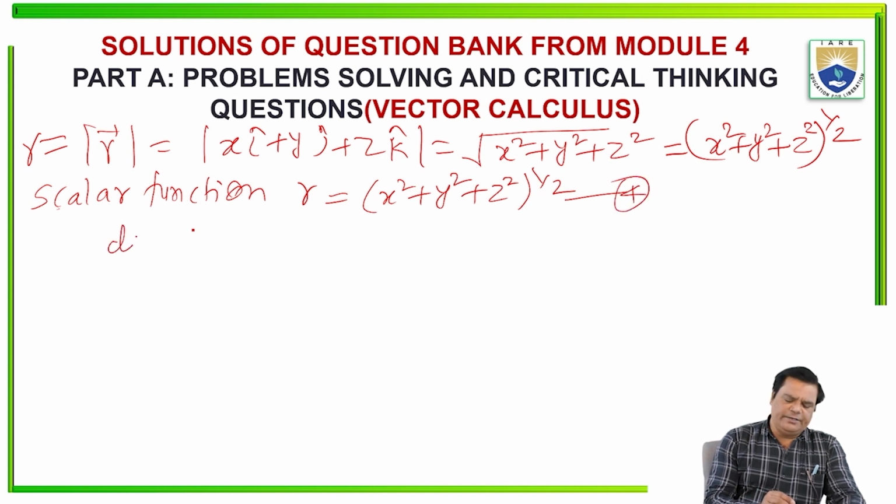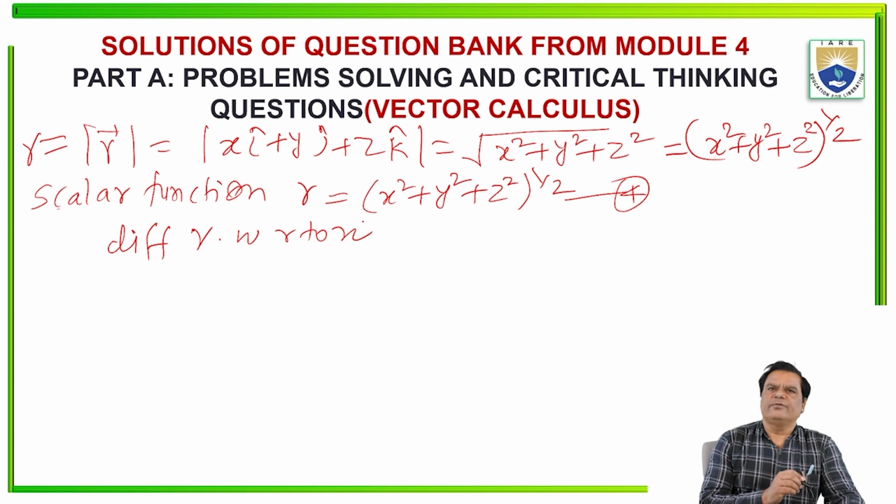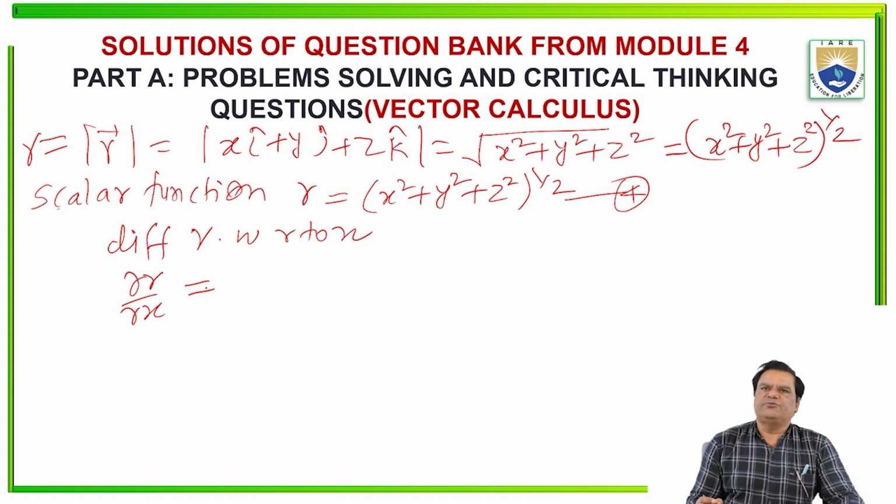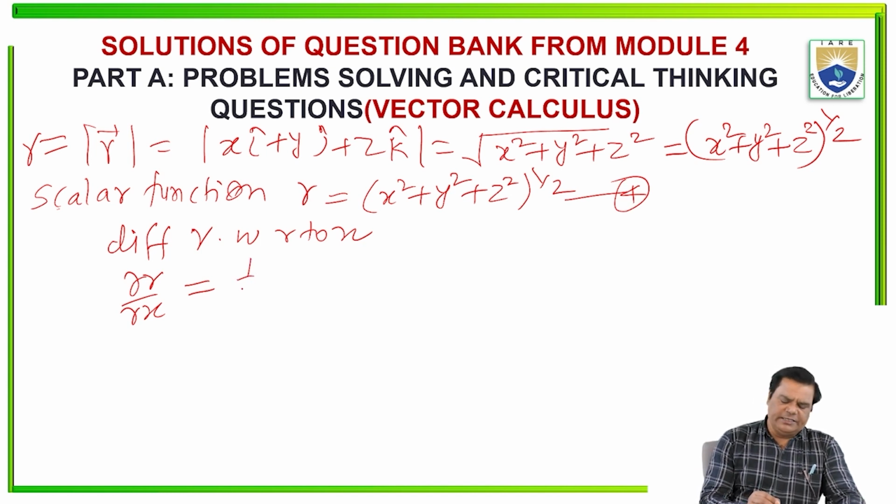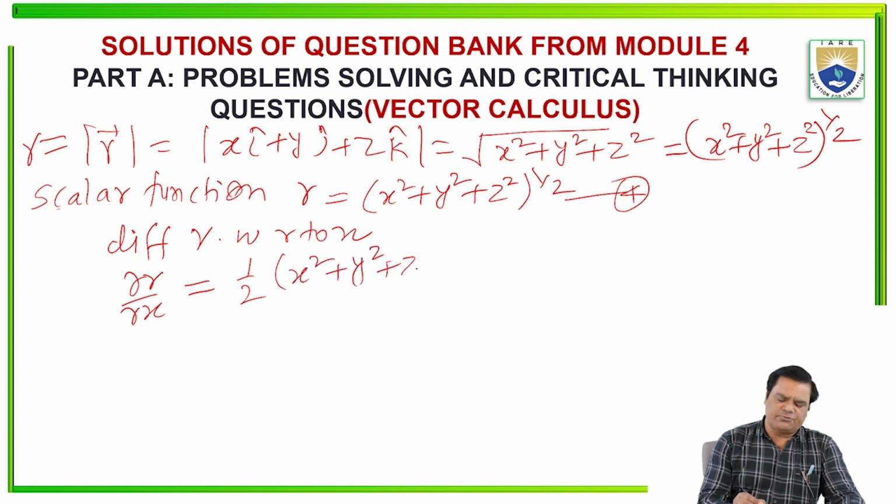Now differentiating r with respect to x, we get del r over del x, the differential of r with respect to x. The result is 1 upon 2, power comes before, x square plus y square plus z square whole to the power half minus 1, into 2x. The 2 cancels.